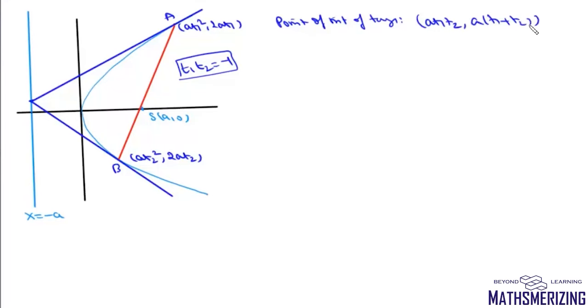Now the third question is the locus of circumcircle of triangle AQB. So we have this point A, and then this point of contact is B. We need to find the equation of the circumcircle of this triangle AQB. So we know that the circumcircle of the triangle formed by a pair of tangents and the chord of contact will pass through the center of this given circle.